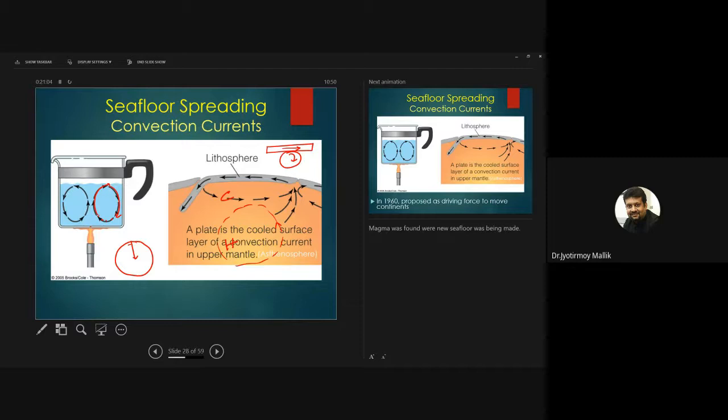What generally is seen is that the lower mantle is solid. Okay, this is the solid lower mantle, and you have this fluid here, and then there is another solid. Now, whatever movement is supposed to happen would be restricted here, right? Because this is solid and this is liquid.